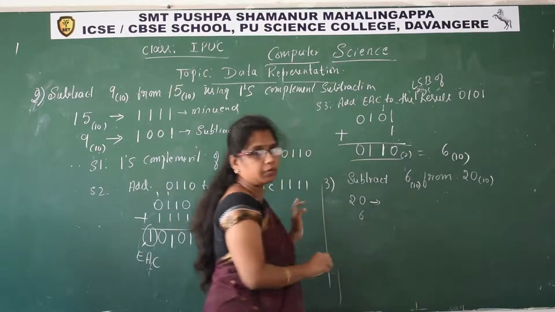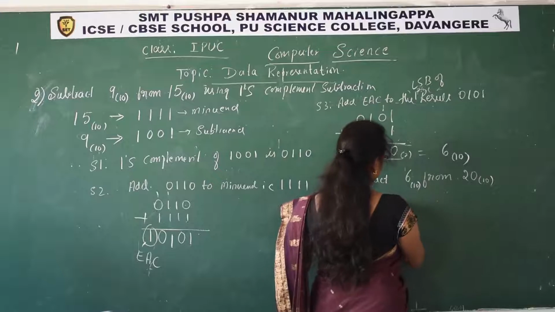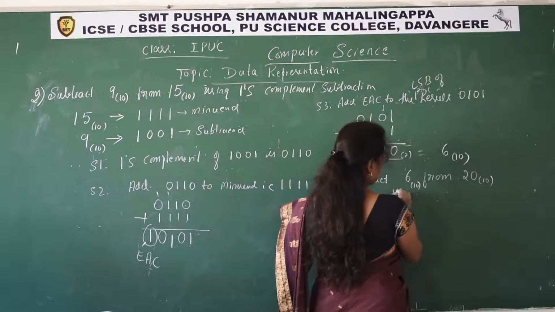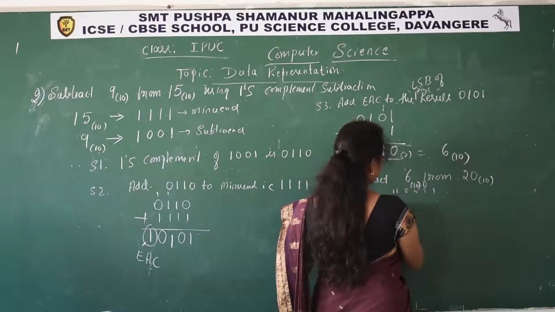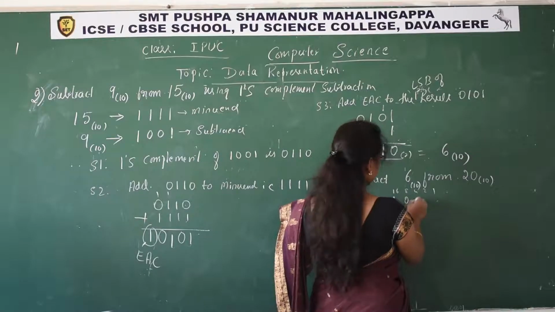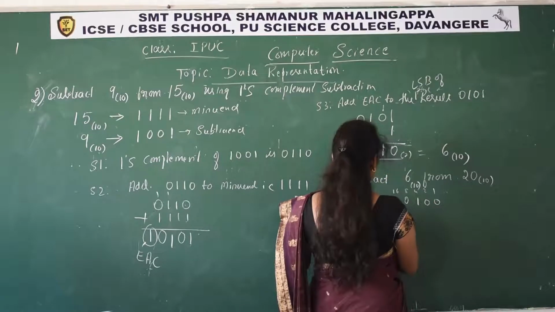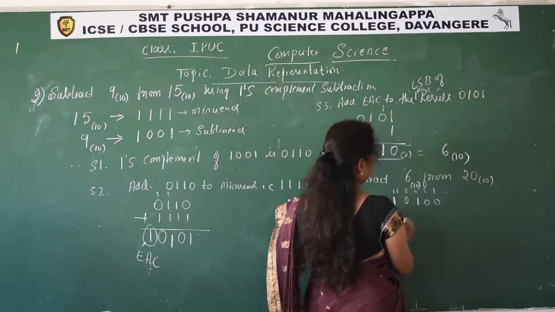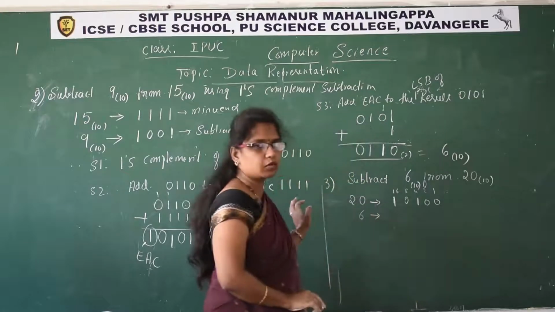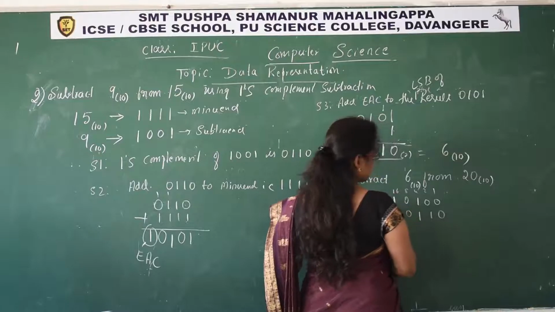What is the binary equivalent of 20? 16 plus 4 is 20, no? Here the place values are 16, 8, 4, 2, 1. So 1 0 1 0 0. 6 means 1 1 0, but the remaining bits I have to write as 0 here.